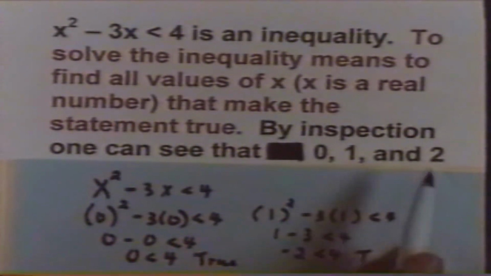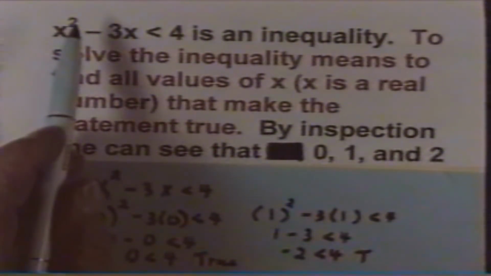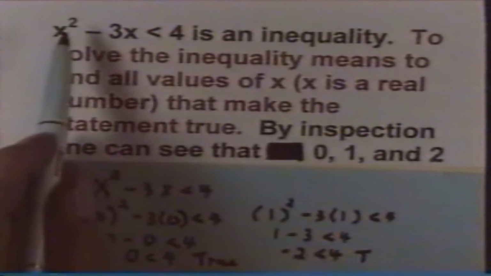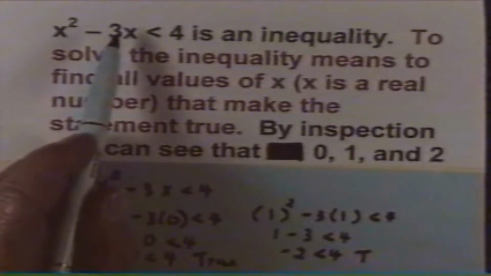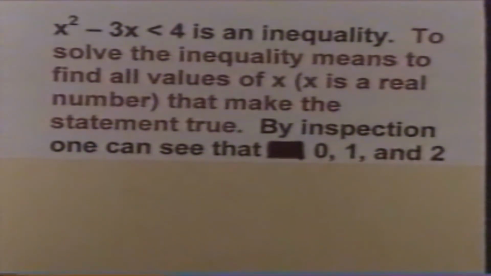Well, in our heads we can see that 2 also makes it true. 2 squared is 4. Minus 3 times 2 is 6. 4 subtract 6 is negative 2. Negative 2 is less than 4. So 0, 1, and 2 make the inequality true, so 0, 1, and 2 are solutions.